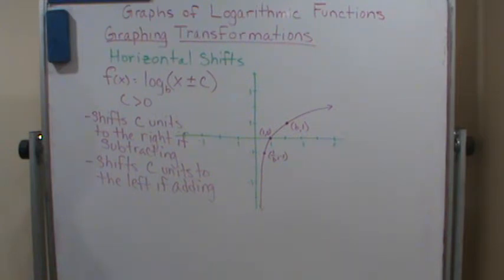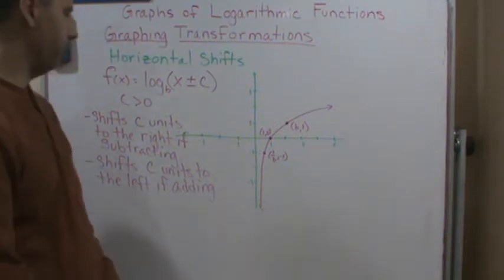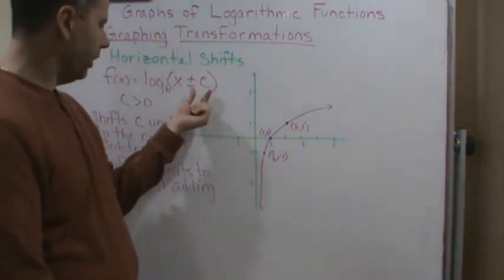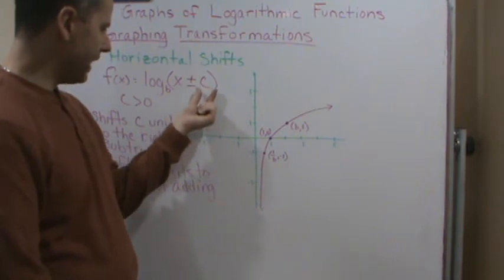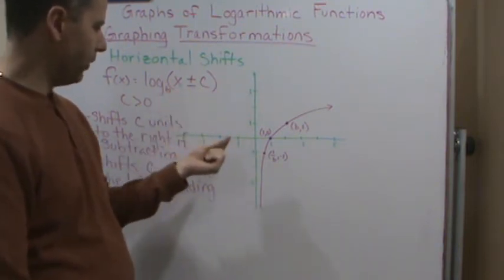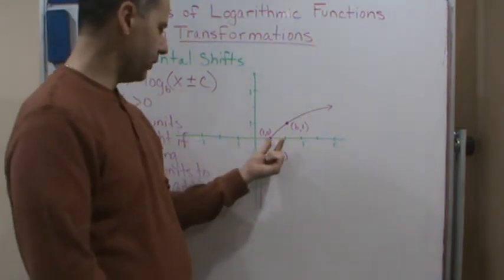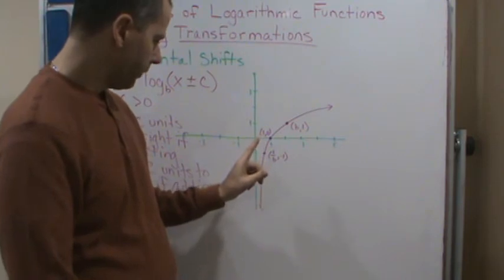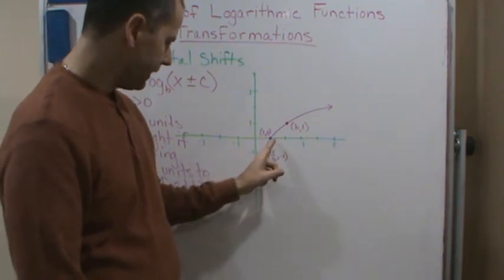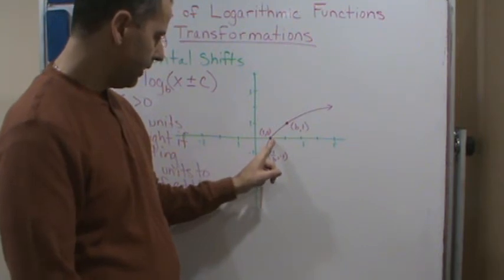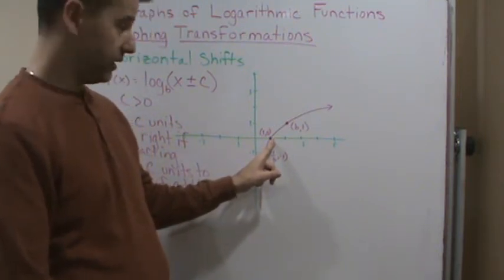And so, what is that going to do? Well, if you're adding constant c, then you've got to figure out what x is to get the same value. And so what happens is you're going to be moving to the left. Again, remember, here x is 1, right? So when x is 1, y is 0. The function is 0.